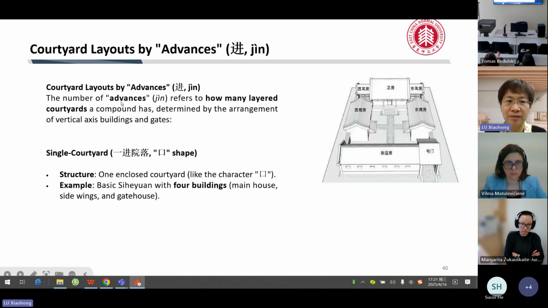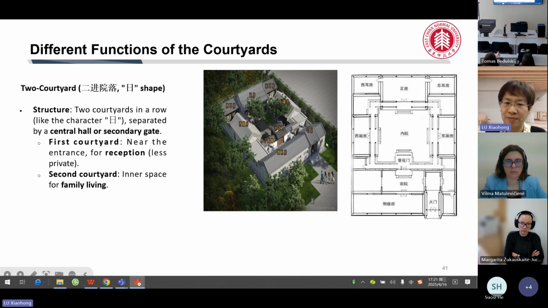We'll skip this part. For a simple 四合院, it has only one courtyard, in a square kou shape. A more wealthy family has two courtyards, in the shape of Ri.